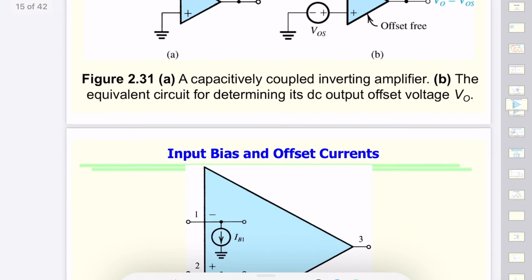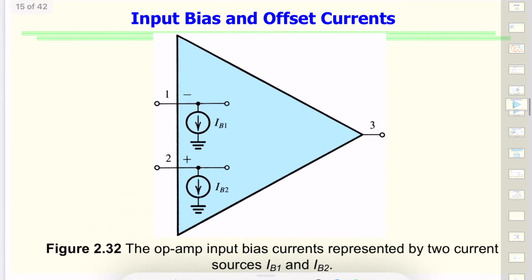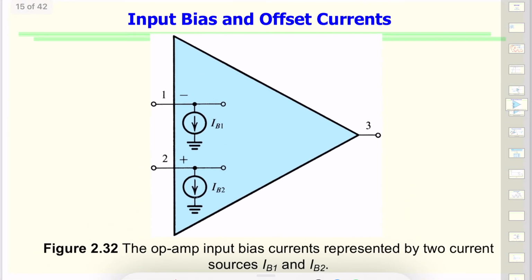Another important thing that we see is input bias and offset currents. The idea is that we can apply bias currents to the input terminals, and the total bias current would be the addition of these two.